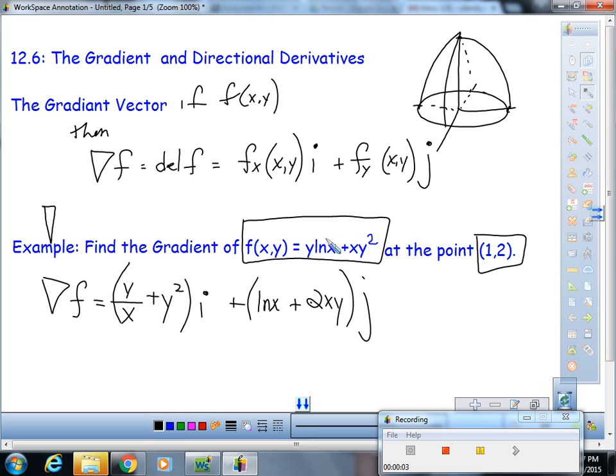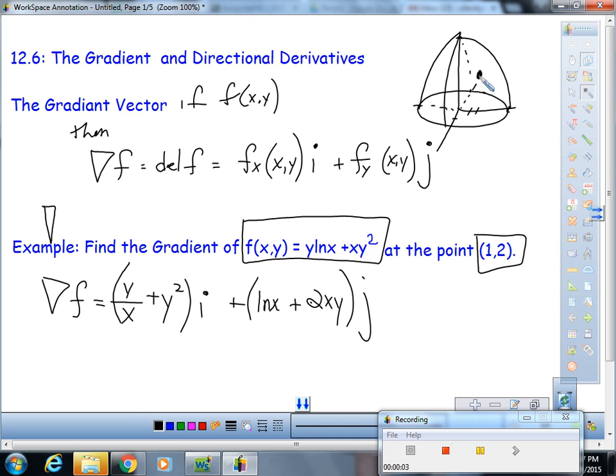Plus 1 times 4 is 4. When you put in the point 1, 2, you get a 4. So what they're really asking you is find the gradient at the point 1, 2, 4. But you're not going to plug in that 4 at all. So they're actually trying to save you from making a mistake, but in doing that, I think they kind of confuse you. Does that make sense?